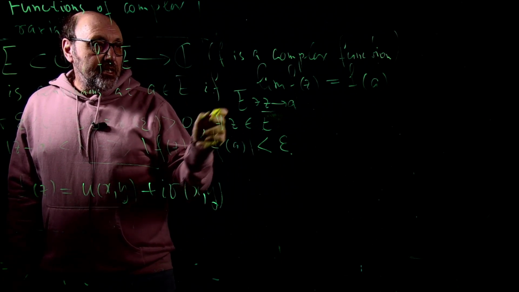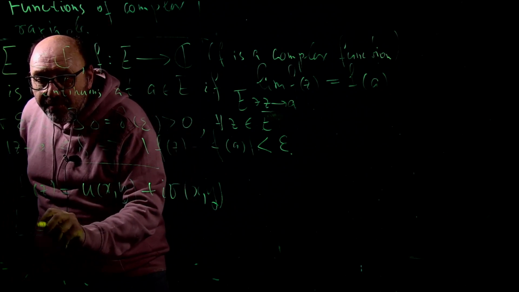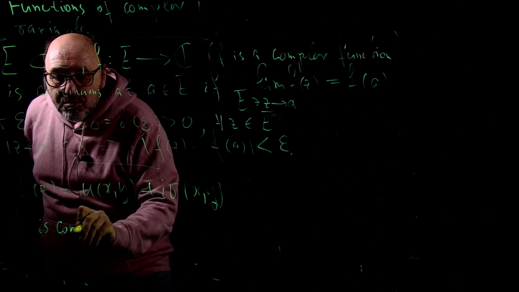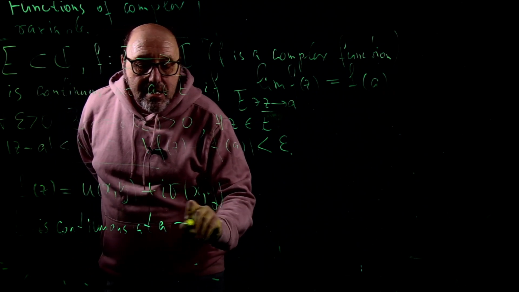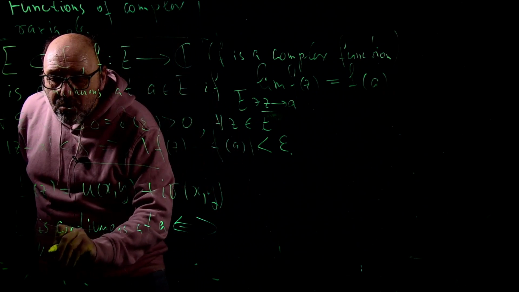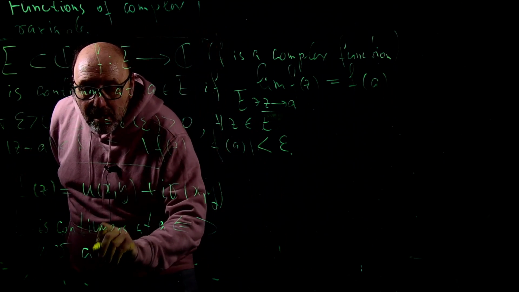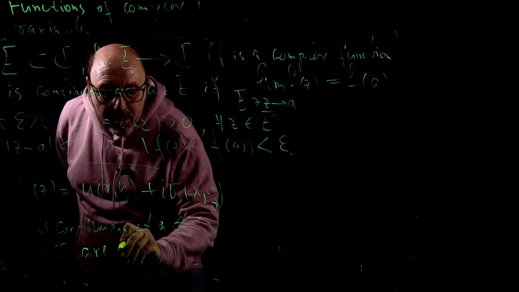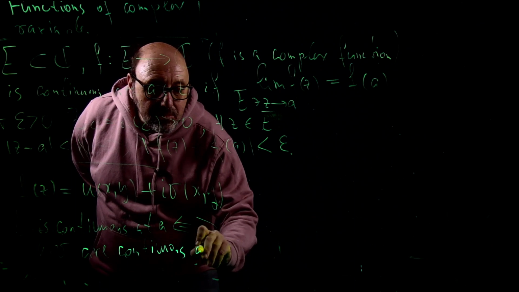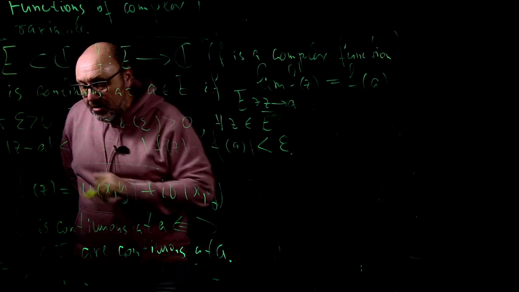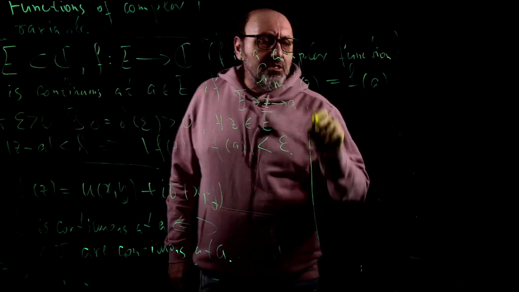Then f is continuous at a if and only if u and v are continuous at a as functions of two real variables. Okay, so it's easier.